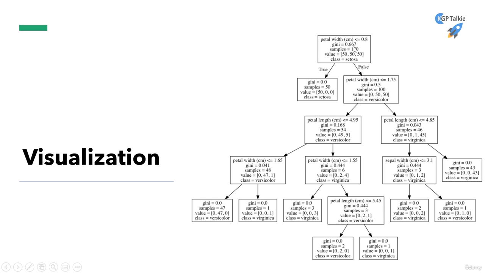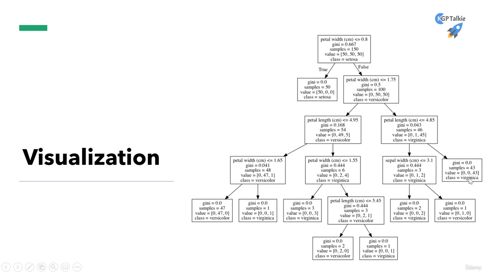Here it's 0.66, now it is 0.5, and now it is 0.03, and then 0. Whenever the Gini index approaches 0, that means impurity is approaching 0, that means we are reaching a final classification point.